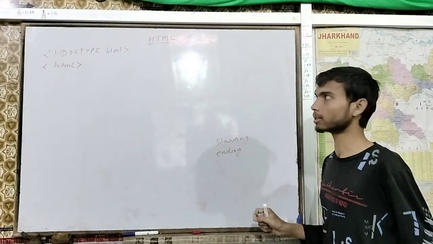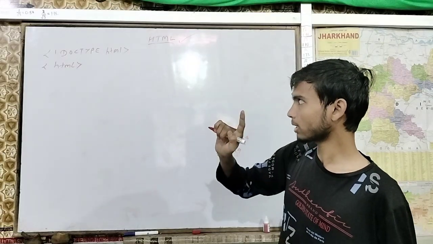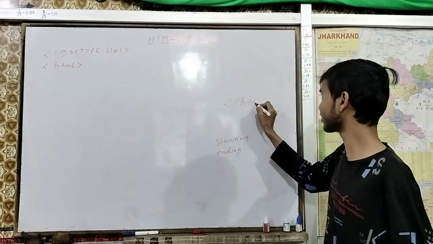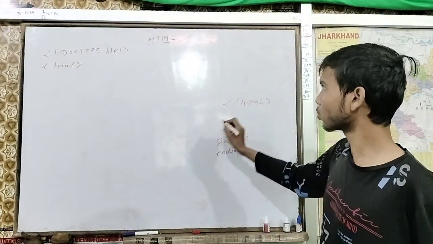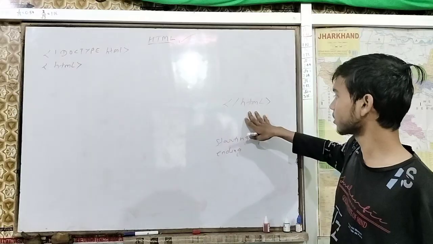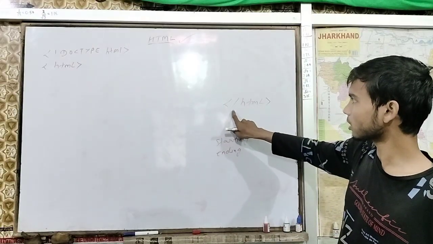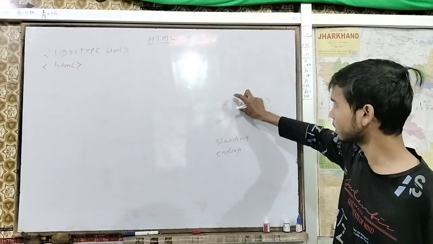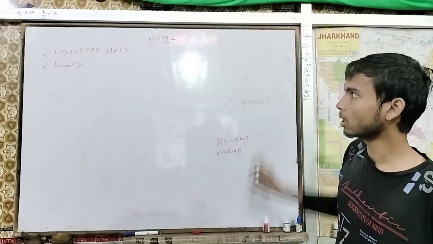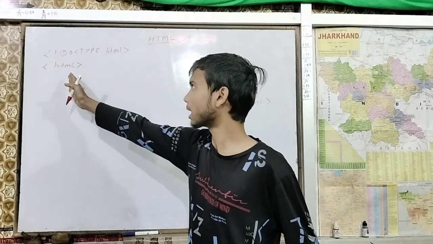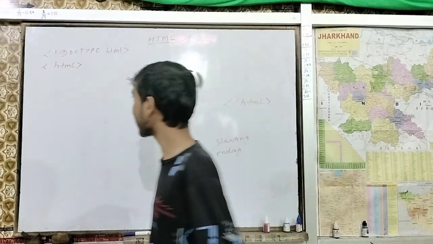When you are ending a tag, only one thing will come, which is the slash. So html, clear? The name of this is a starting tag and the name of this is an ending tag. Here we just applied this slash, so the meaning became that it is nothing but an ending tag. So just now we started by writing the html tag.